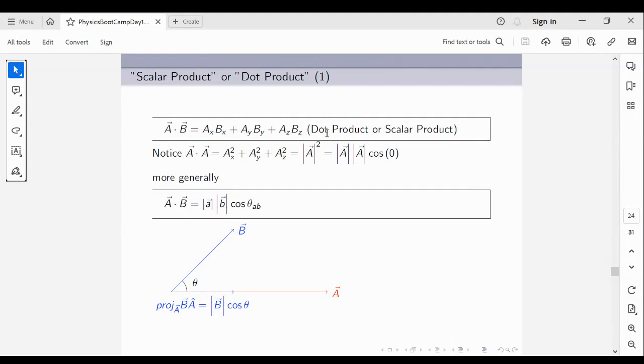So we have A dot B equals the magnitude of A times the magnitude of B times the cosine of the angle between them. And we're going to prove that using the law of cosines very soon. The entire reason such a thing was invented is so that we can quote unquote project vectors onto other vectors.